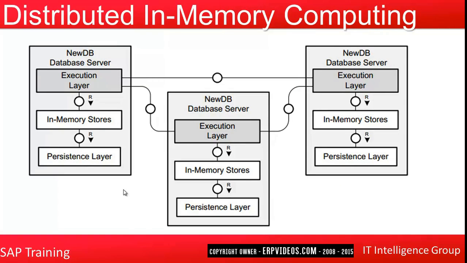Now you can see how distributed in-memory computing takes place. There are three different servers here, Server 1, 2 and 3. You can see how the execution layer is leveraging the power of other CPUs and other memory which is available.